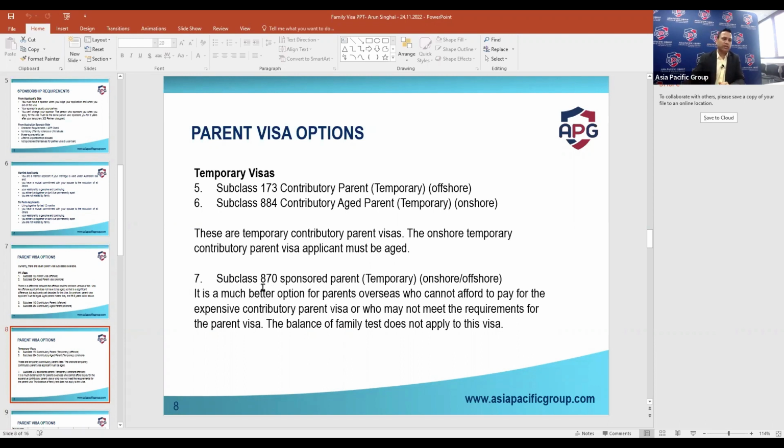And also we have the 870 sponsored parent visa. For the 870 parent visa, we don't need to meet the balance of family test. Some people who cannot meet the criteria for the parent visa can get this 870 visa, but again, that is a temporary visa.